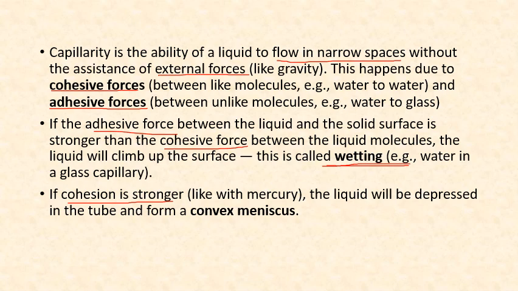Hence here the cohesive force will be stronger compared to the adhesive force, and this will cause the liquid to be depressed because the mercury molecules will attract more of the mercury liquid towards itself. Hence inside the capillary tube the mercury does not rise and instead gets depressed and forms a convex meniscus.